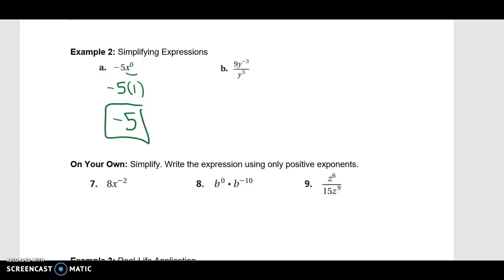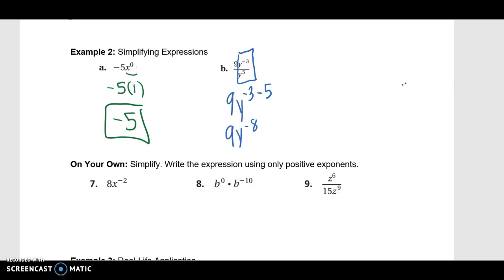So on letter B, there's also two ways to solve this. One way is to see that we have y's in our numerator and our denominator. We can see that we are dividing, so we know whenever we divide, we subtract. So you have 9, and then you have y, negative 3 minus 5, which will give you a negative 8.